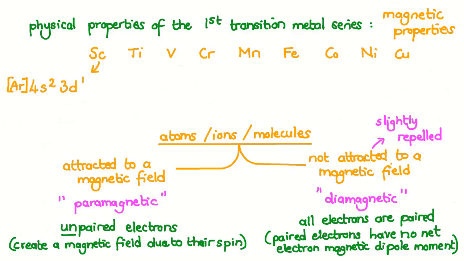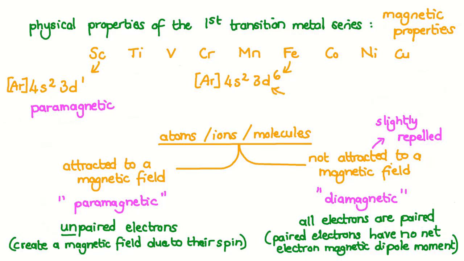This is scandium's electronic configuration. The two 4s electrons are paired with each other, but the lone or single 3d electron has no partner. It is unpaired. So an atom of scandium is paramagnetic. Here's another example. This is the electronic configuration of an atom of iron. Again, the two 4s electrons are paired with each other.